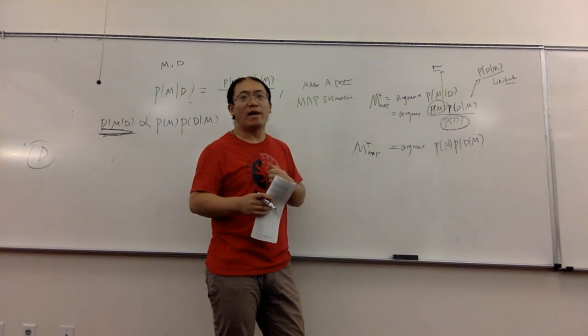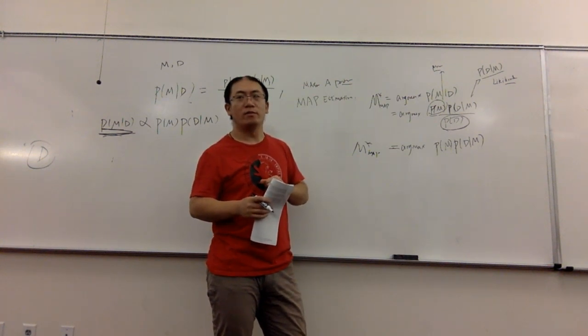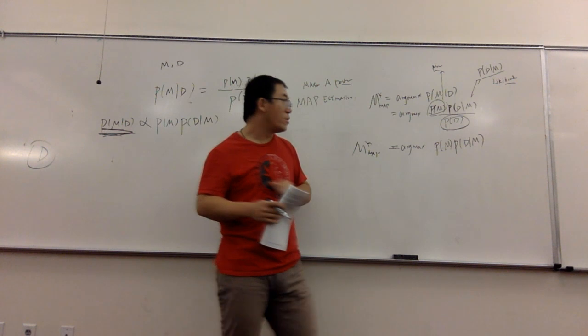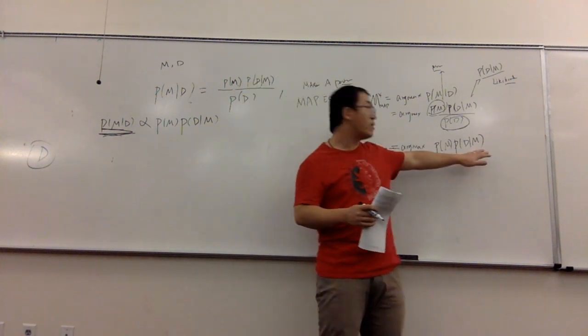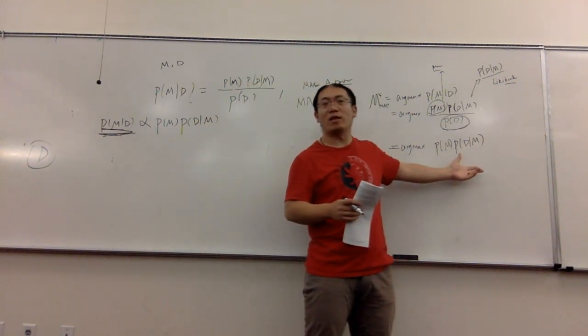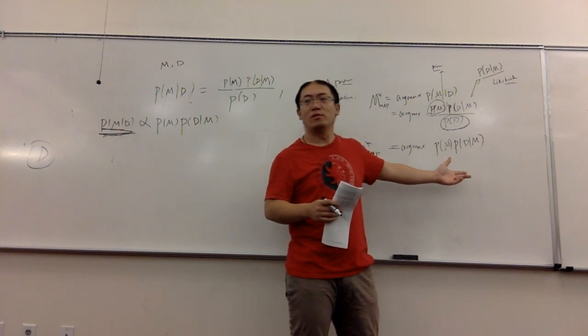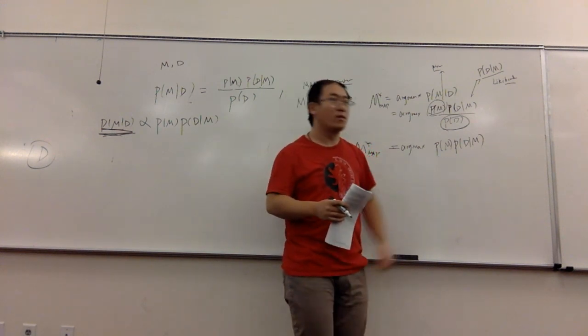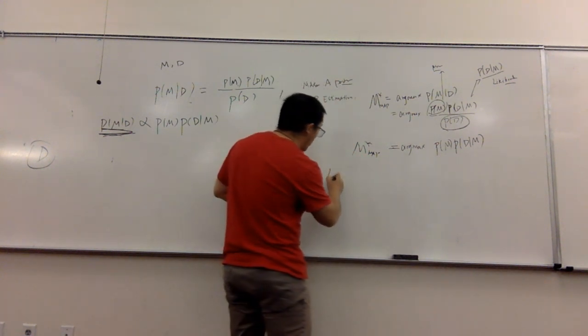Then what is maximum likelihood estimation? So this is the prior, right? And this is the likelihood. What is maximum likelihood estimation? It finds the greatest value for the likelihood, as the name suggests.